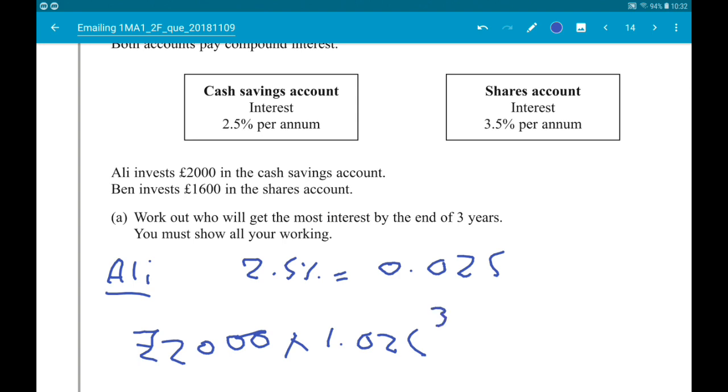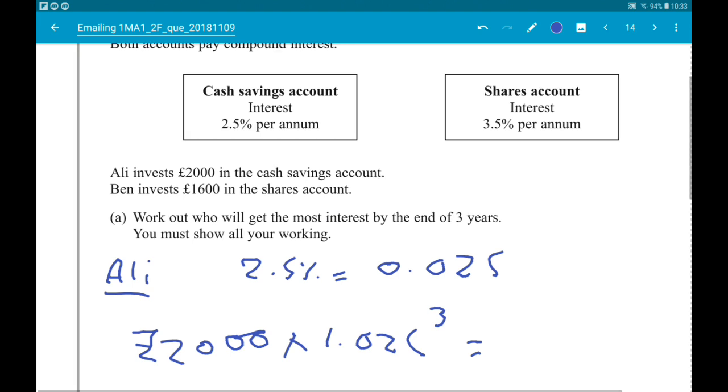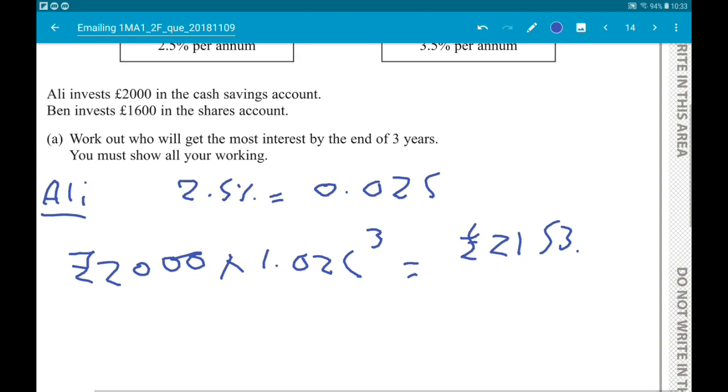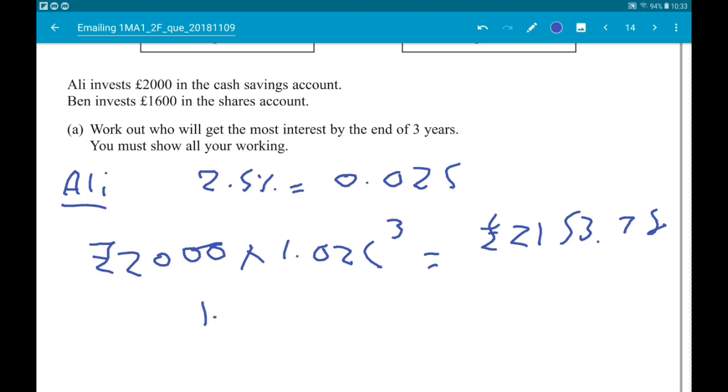Now that gives us £2,153 and 78p. So our interest is £153.78.